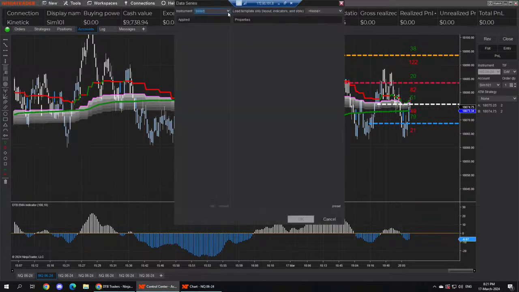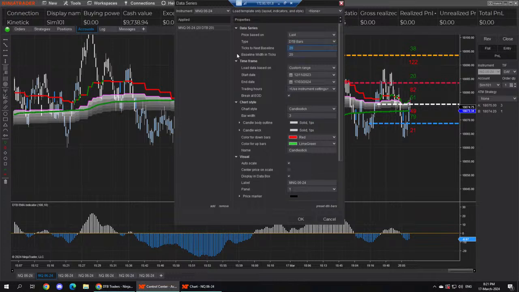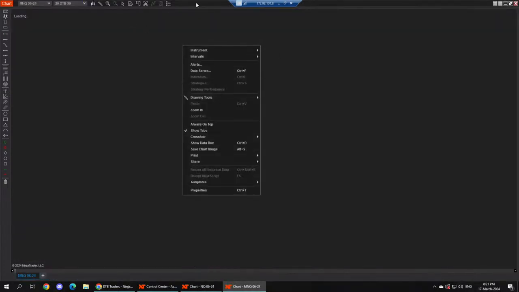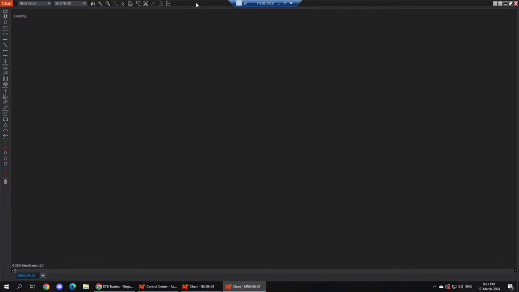So if I just go and select the MNQ over here, and I think it's a 30-30 that chart was on, and I think Fernando chose 31st of December for some reason, up until today. Okay, let's give that a second to load.